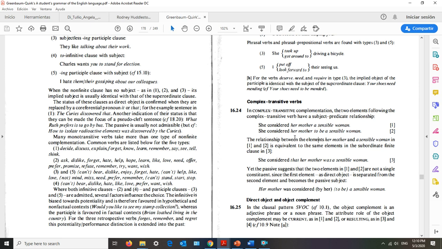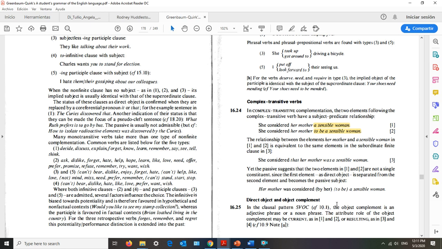So in any case, you have a direct object, her mother, and what comes after this direct object, either in the form of a noun phrase like in a sensible woman, or in the form of a to infinitive clause, as in to be a sensible woman, is in this case an object complement, because it is saying something, getting back to her mother, which is in turn the direct object of consider, right?